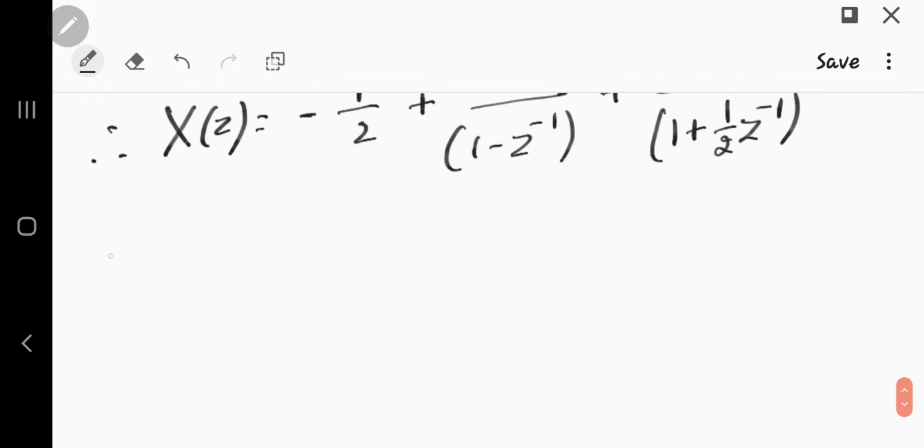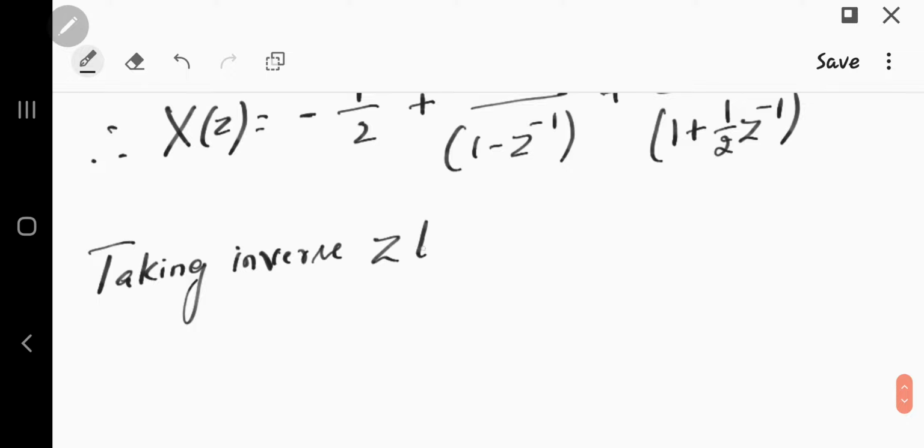Now taking inverse Z transform on both sides.